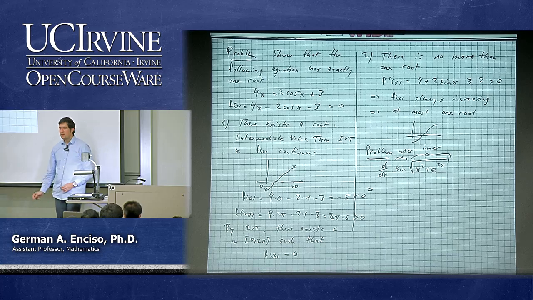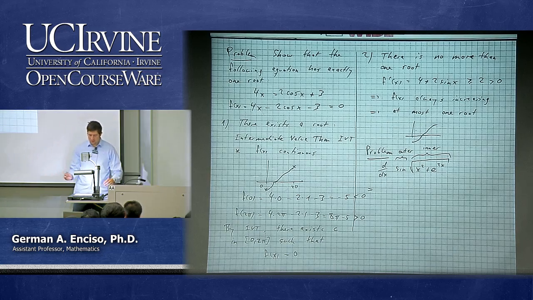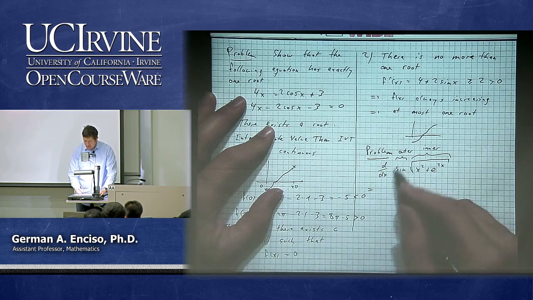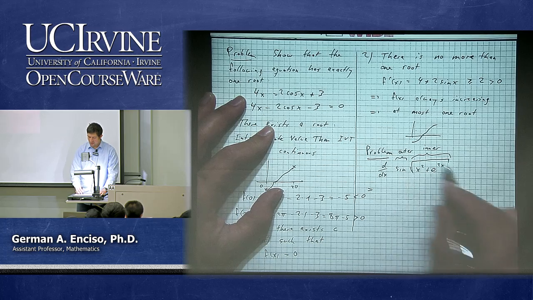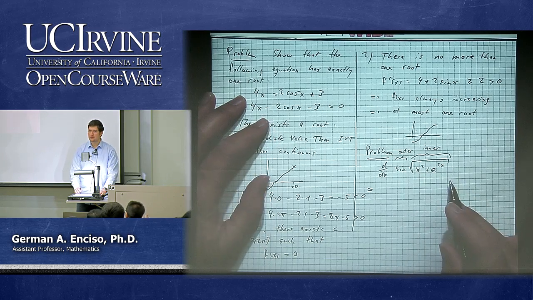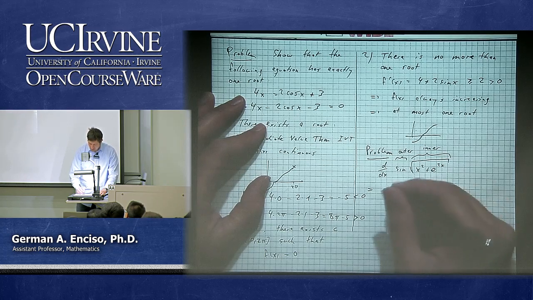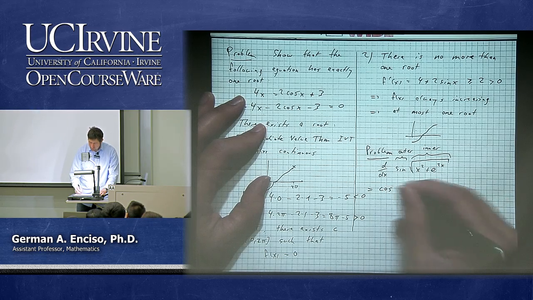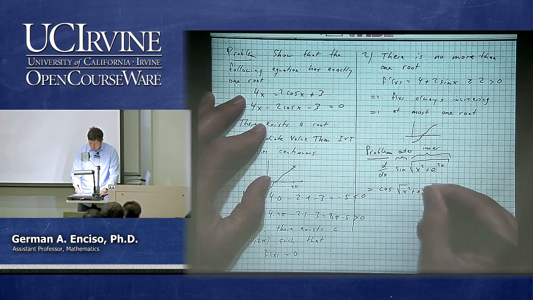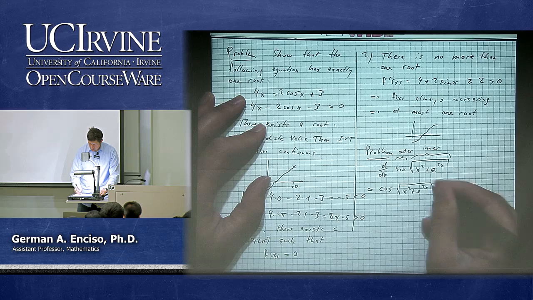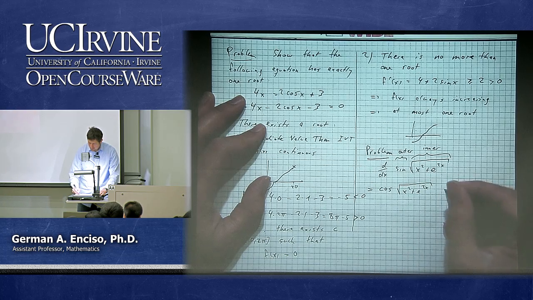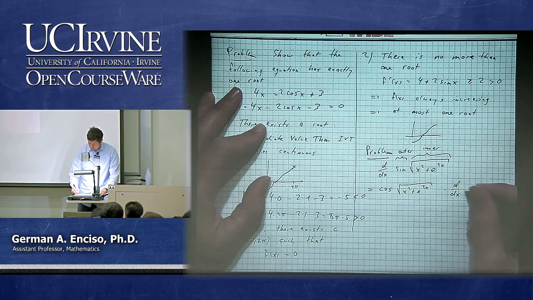The derivative using the chain rule by definition is the derivative of the outer evaluated at the inner multiplied by the derivative of the inner. Okay? So this is the cosine of the inner multiplied by the derivative of the inner.